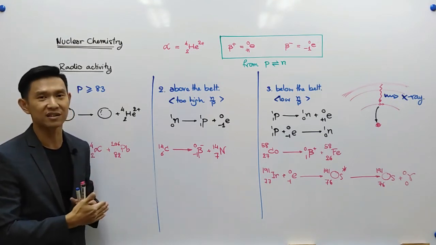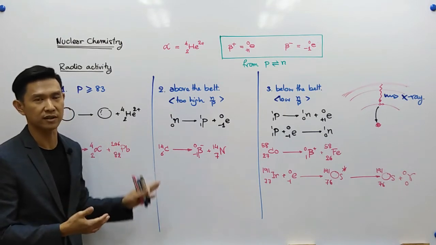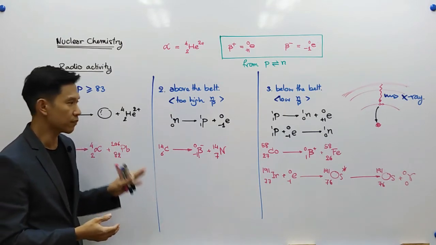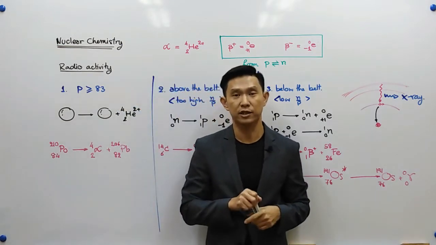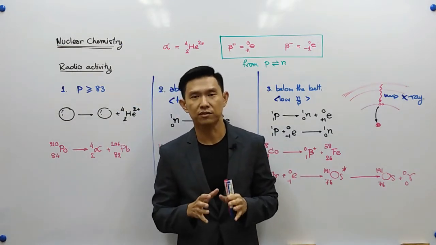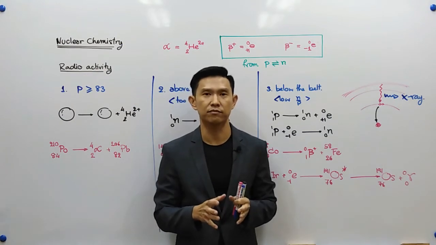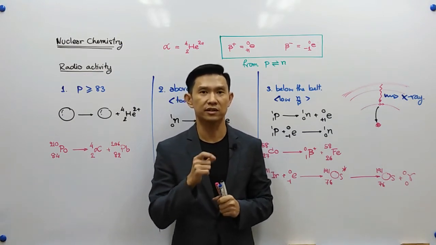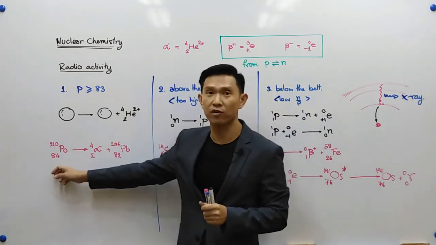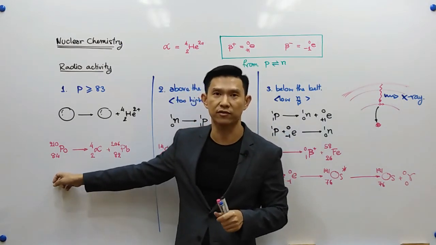Okay, but sometimes radioactivity is not very simple like this. Right? Let's look at something very big like uranium, number 92. Uranium number 92 releases the alpha particle for sure because the number of protons is 92. Even 84 is not stable and you have to release alpha particles.